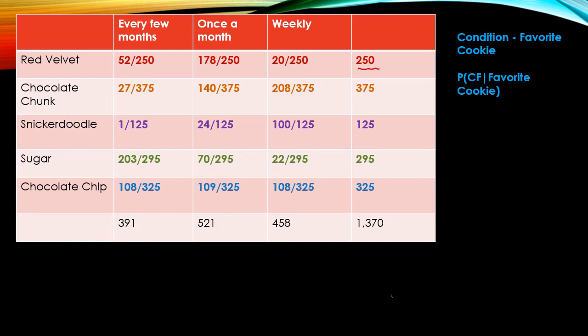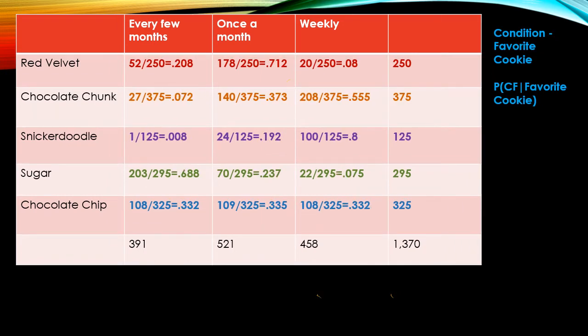So 52 out of 250 came in every few months, and their favorite was red velvet. So we're taking the cell and dividing by the row total. We do the same for chocolate chunk, for snickerdoodle, for sugar, and for chocolate chip cookies.